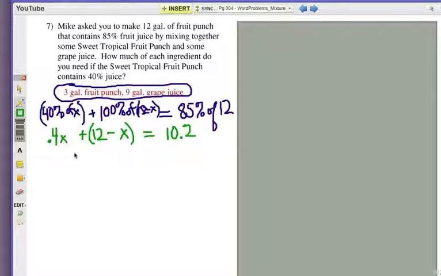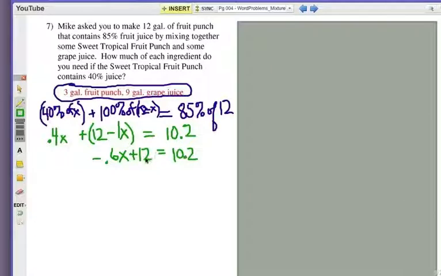So what we're going to do is, this is minus 1X, right? So let's combine the minus 1X to the 0.4X, and that's going to be minus 0.6X. Don't worry about the negative sign for now. Plus 12 equals 10.2. Just doing some simplifying.